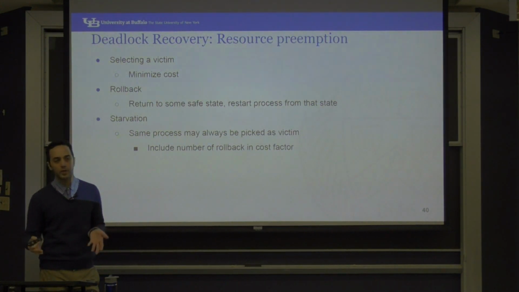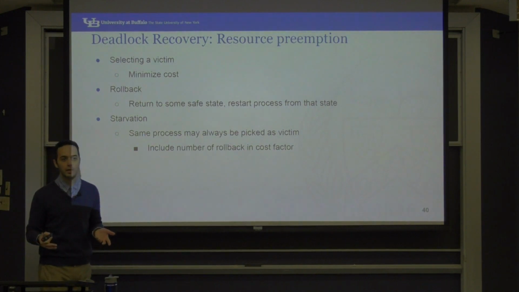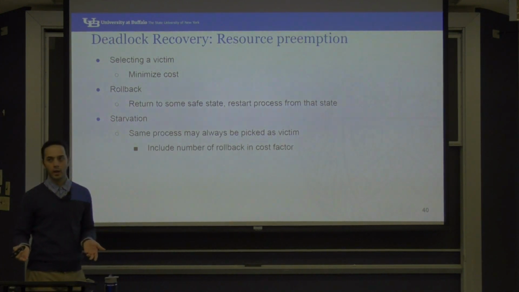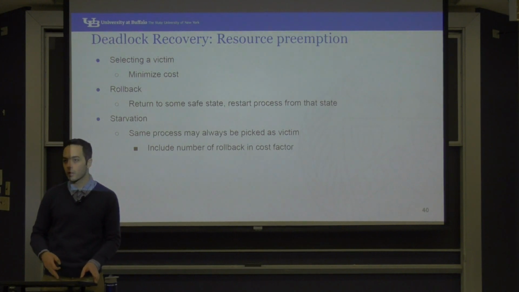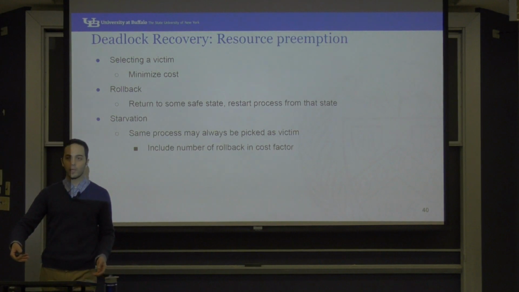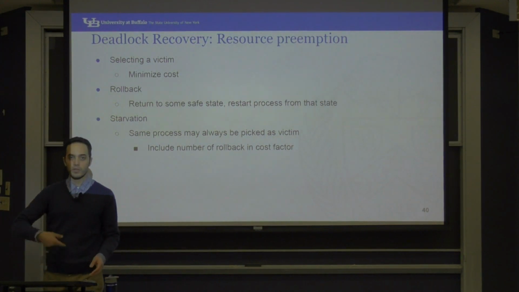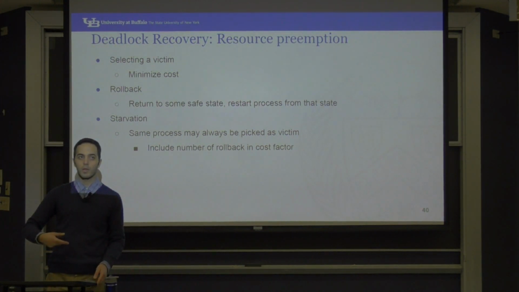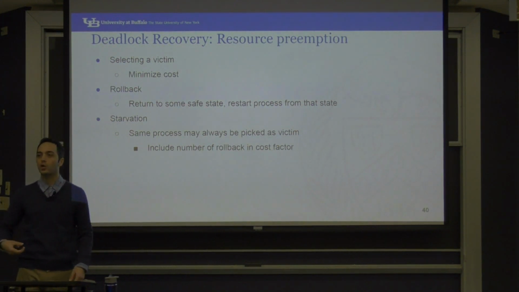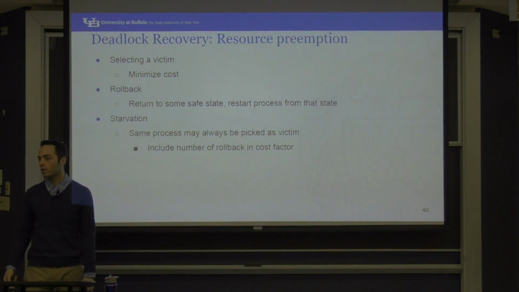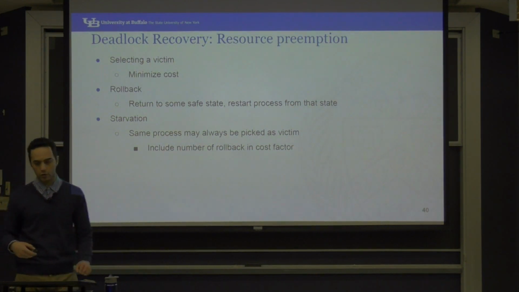If we just preempt the resource from them, that may leave some corrupted data. Or if they are using a printer, and in the middle of the printing we preempt them from that printer, we have to make sure we restart it so that the state of the printer is now usable.